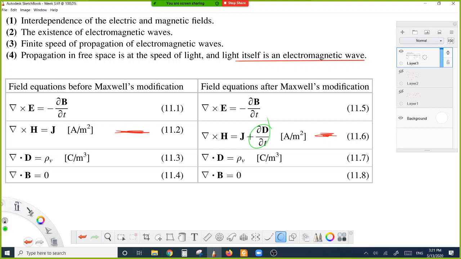Comparison between the two sets revealed that the only difference is in the last term of 11.6.